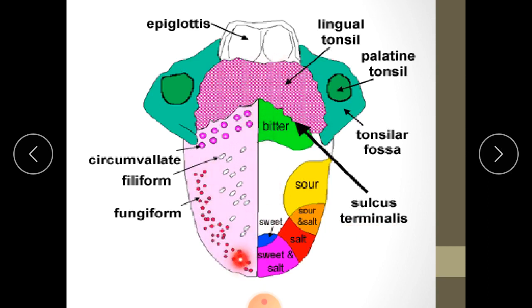Anterior part of the tongue, internally it is composed of skeletal muscles, and externally this part has the dorsal surface of the tongue and the ventral surface of the tongue. Ventral surface of the tongue is soft. The dorsal surface is somewhat rough because of the presence of lingual papillae. Okay, so papillae are here.